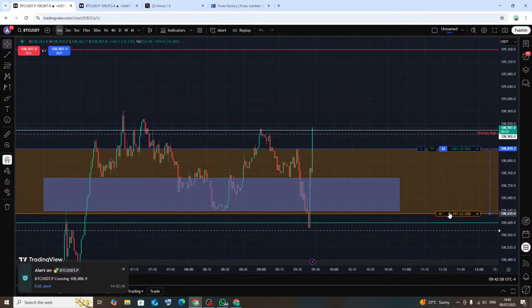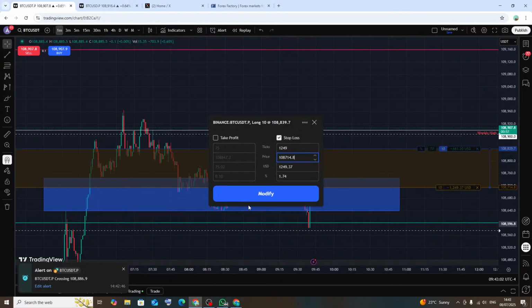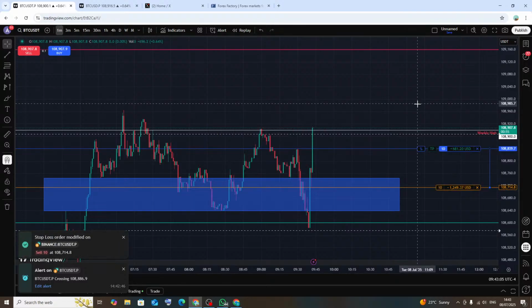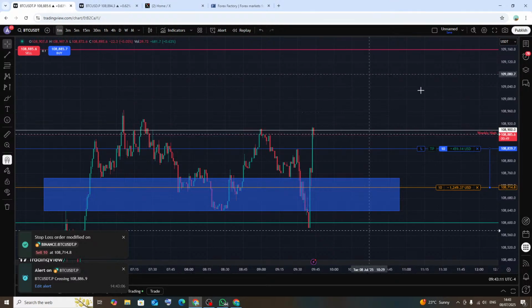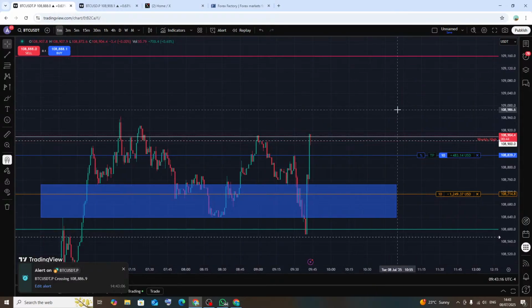I'm keeping my stop loss tight, man. It should not go below this low. This high we are looking for. After that, we are looking for this high, 109,200. My final take profit will be 109,200.